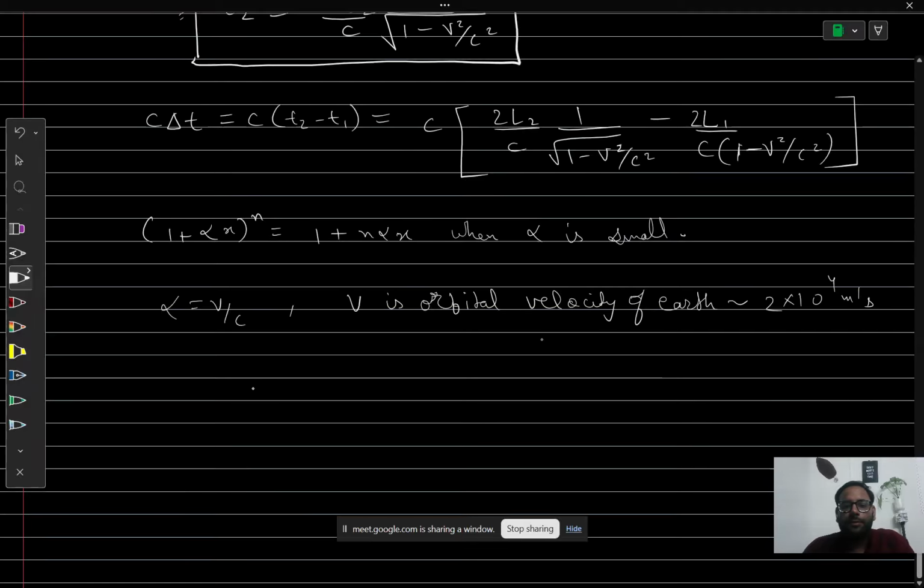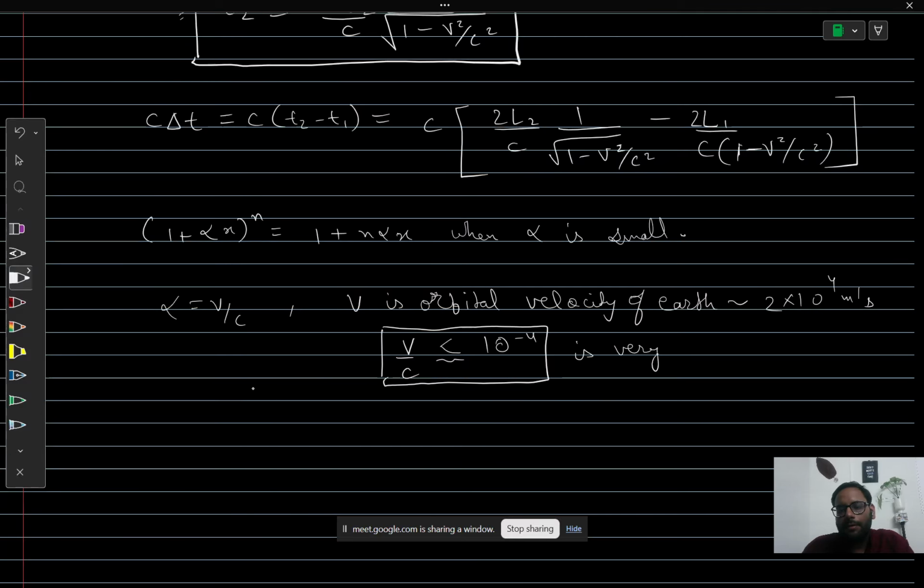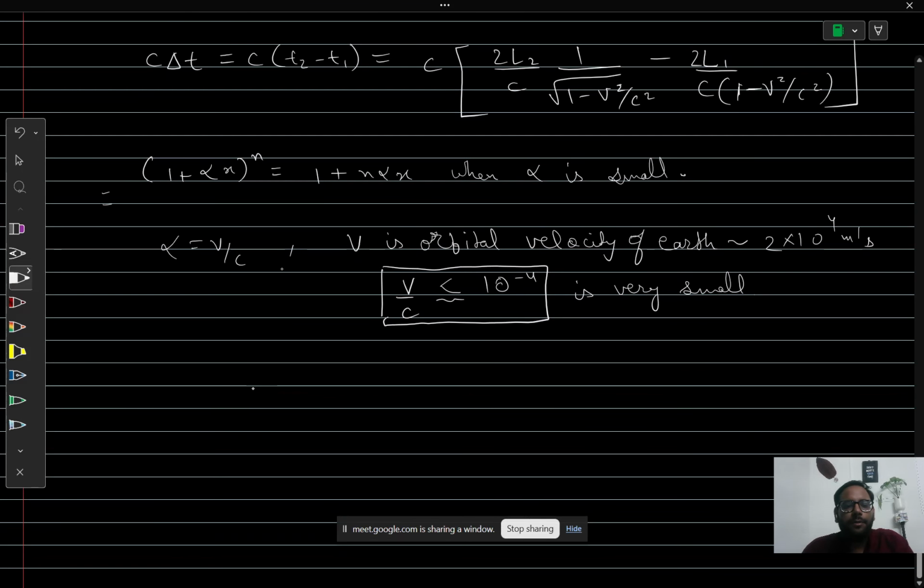So when we calculate v by c, it will be less than 10 to the power minus 4. This is a dimensionless quantity and it is very small, so we can simply apply this binomial expansion to simplify our equation.